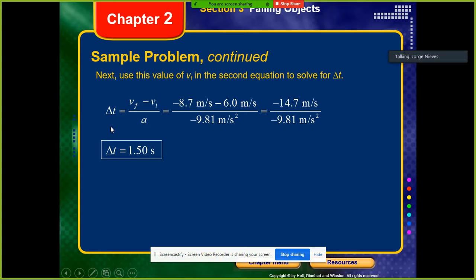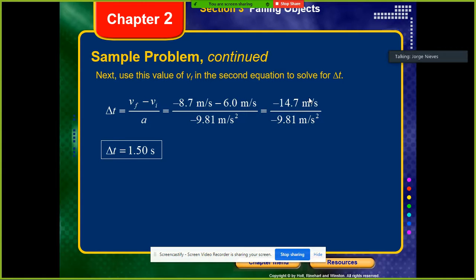So this is the formula we're going to use. The change in time is equal to final velocity minus the initial velocity divided by the acceleration. So it's going to be negative 8.7 minus 6.0. That is going to be negative 14.7 meters per second. Porque los dos son negativos, así que va a dar negativo. Básicamente se va a sumar.